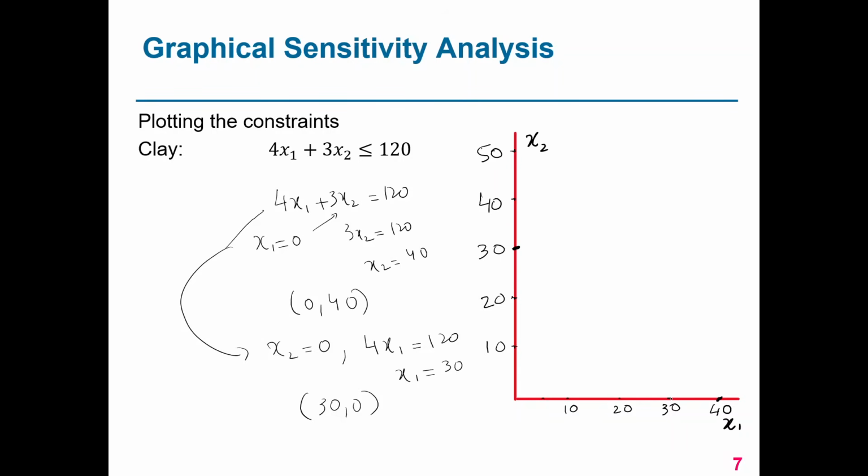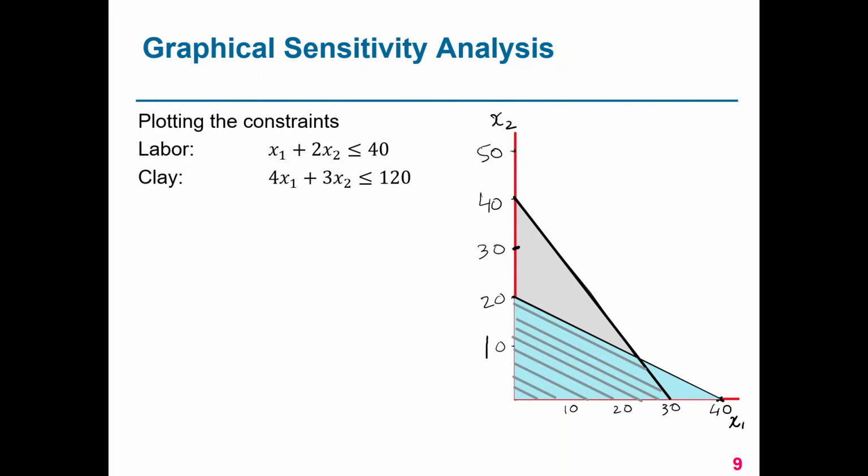So (30, 0) is here on this graph and (0, 40) is here. We will join these points with a line, and since this constraint tells us that 4x1 + 3x2 should be less than or equal to 120, all the region below this line should be a feasible region for this constraint.